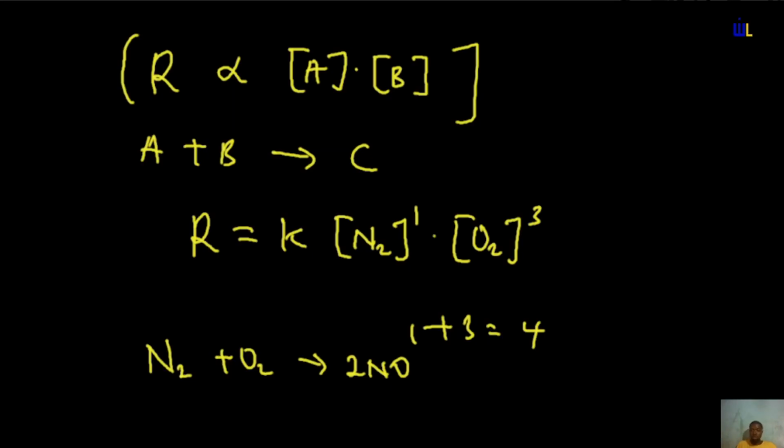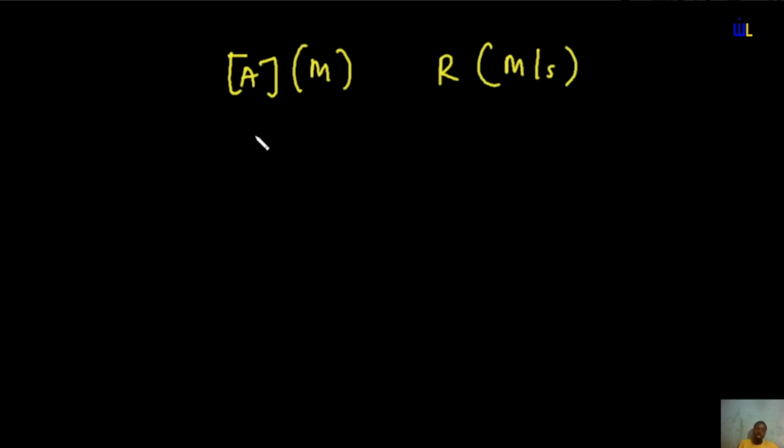Let's get to the board to understand this. Imagine, for instance, I have reactants. Let me use the concentration of A as a reactant, and this is the rate for A. Imagine I have 0.01, and the rate as calculated was given as 1. And then I increased the concentration by a factor of 2, and it becomes 0.02, and the rate still remained 1. Notice that the change in concentration did not affect the rate in any way.